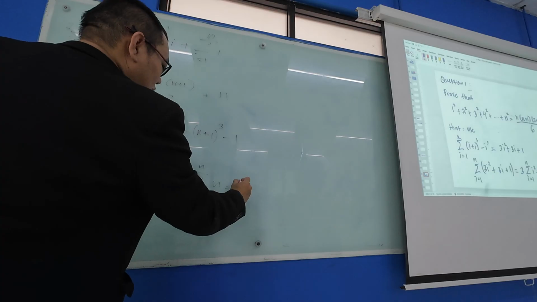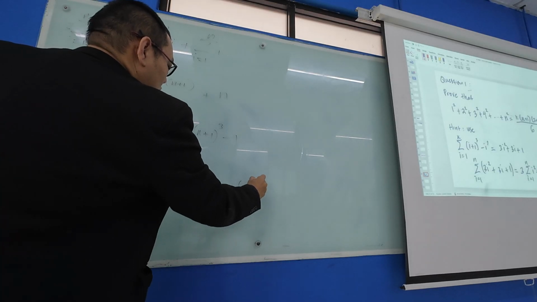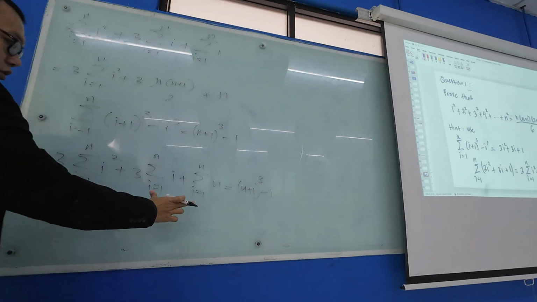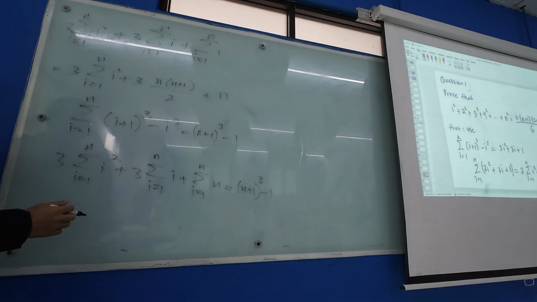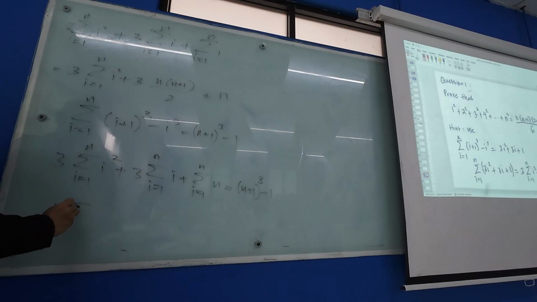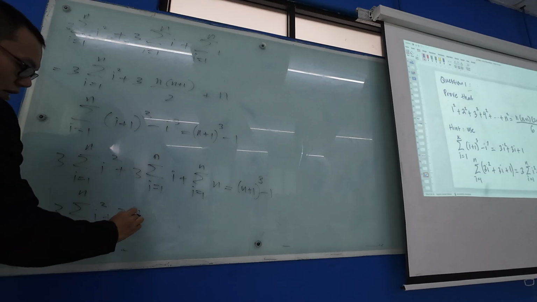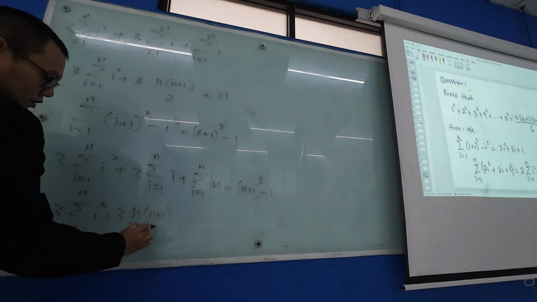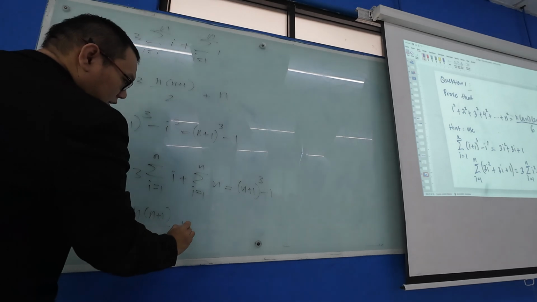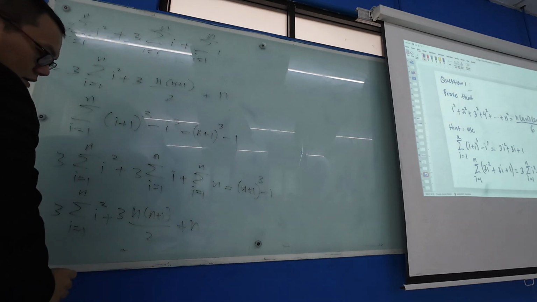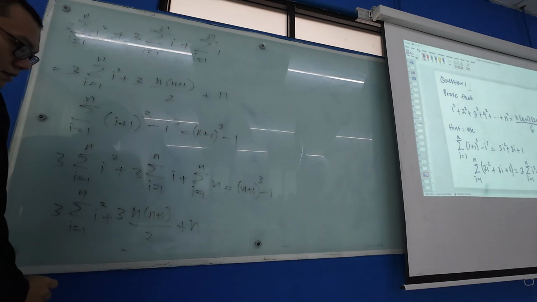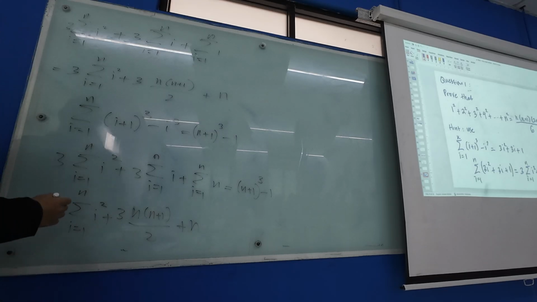On the right hand side, this can be simplified into the following: plus 3 times n plus 1 over 2, plus n.